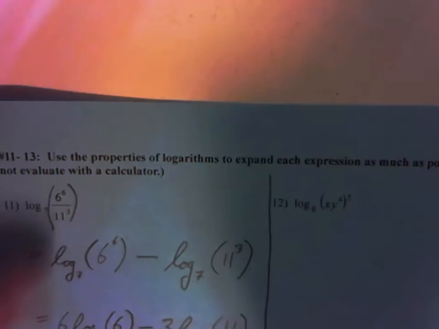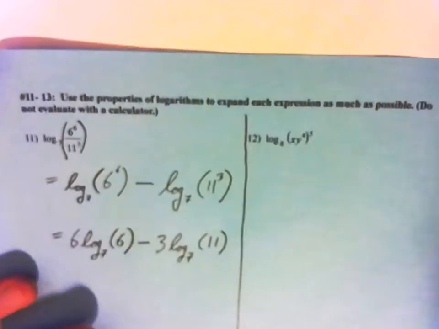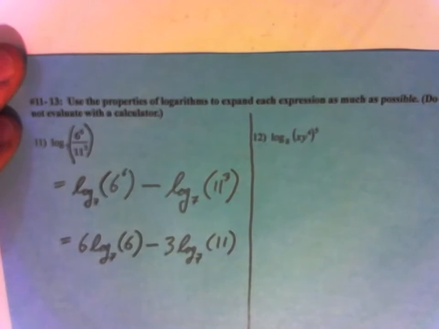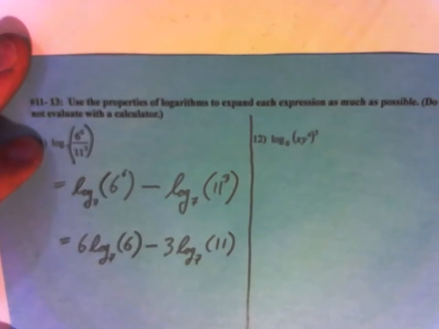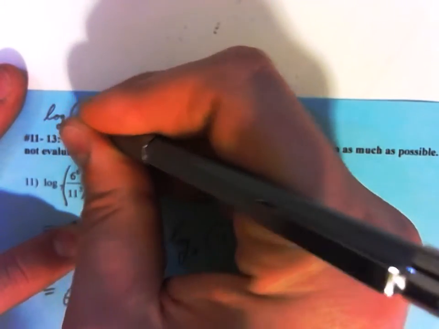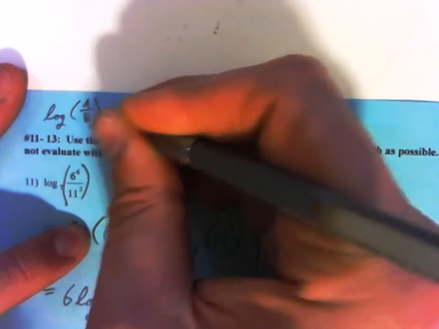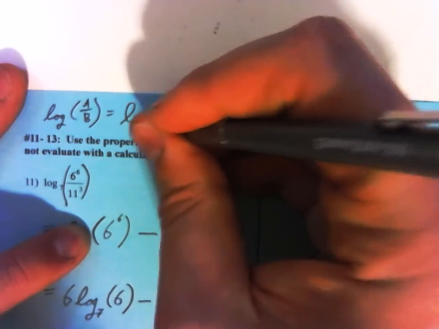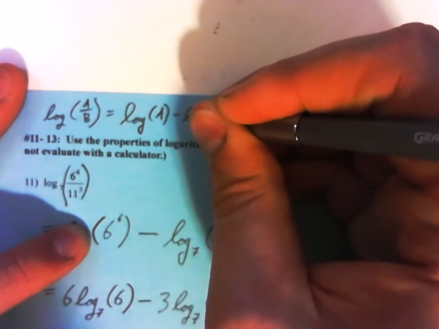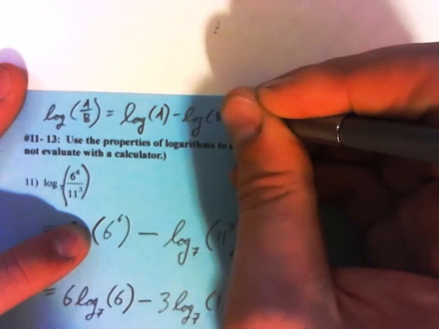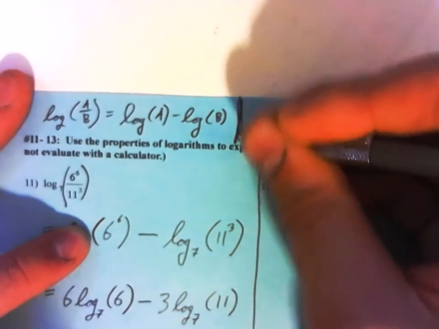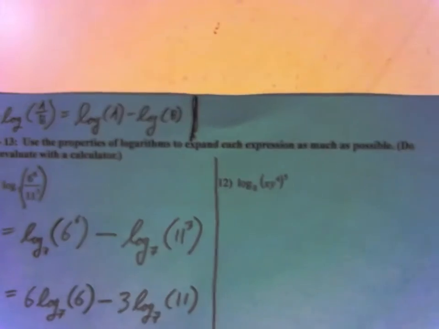Let me up here at the top write the 3 properties. There's only 3 log properties you have to use for all these expanding and contracting questions. First is log of a divided by b equals log of a minus log of b, which is what we just used on number 11 for the first step.